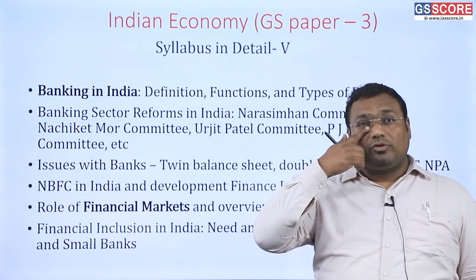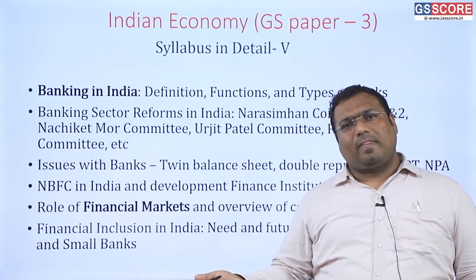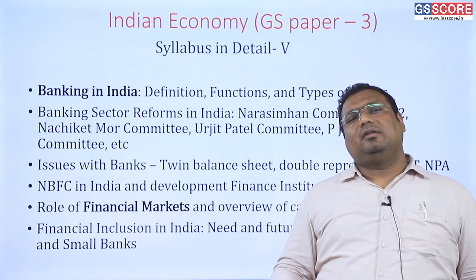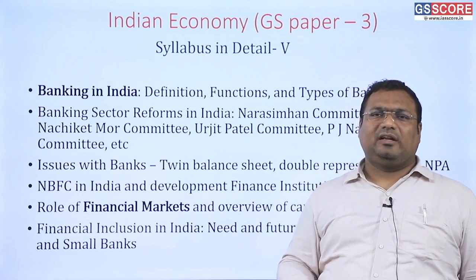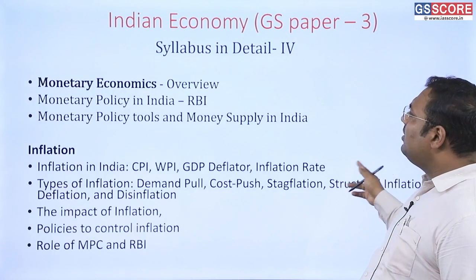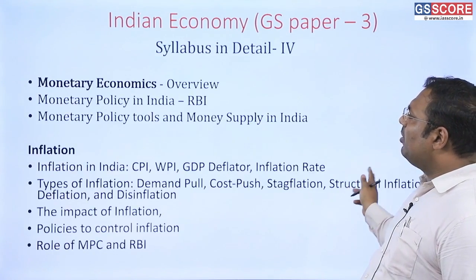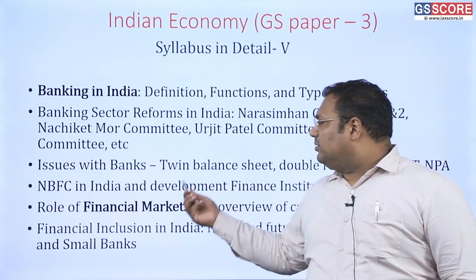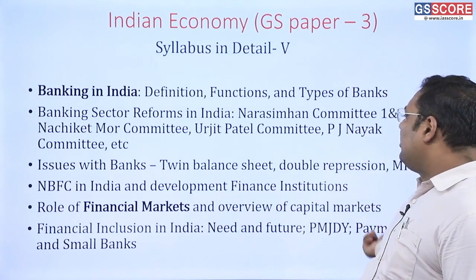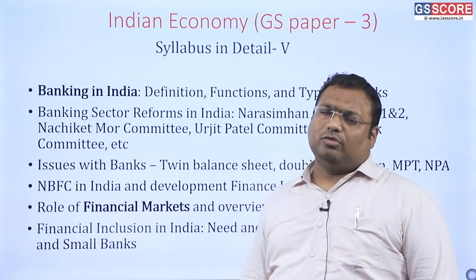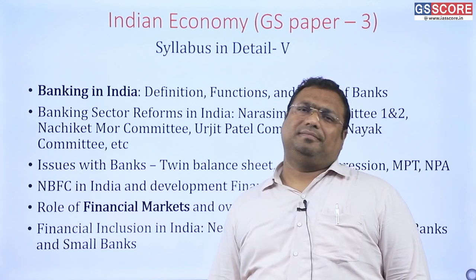Okay, the poster boy of NPAs in India, Vijay Mallya. Okay, and then there are many such frauds like Nirav Modi, etc. All of these people created NPAs, and that is a big problem. Then there is an issue of twin balance sheet, double repression, monetary policy transmission. So you have to study that.